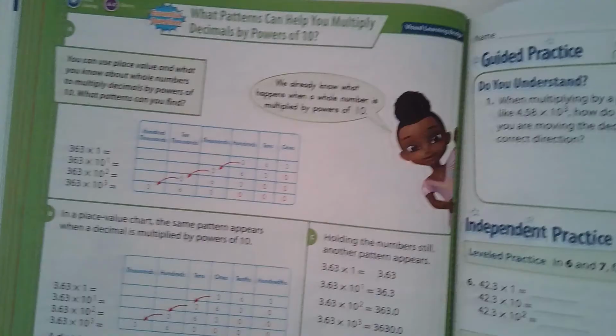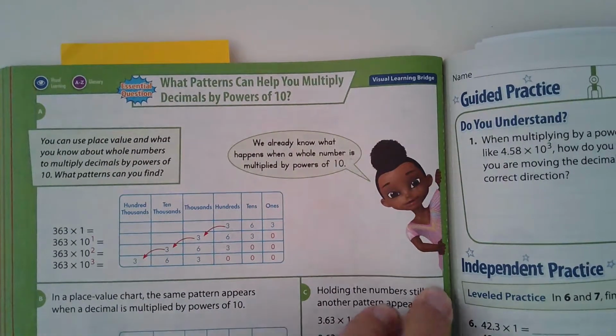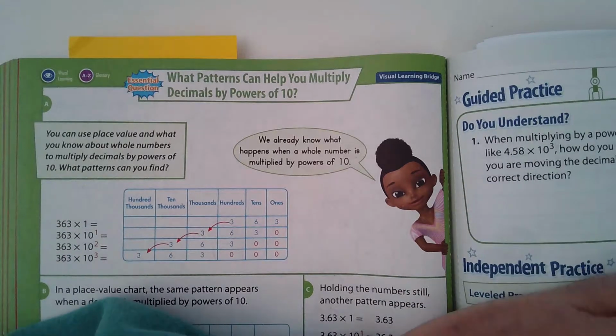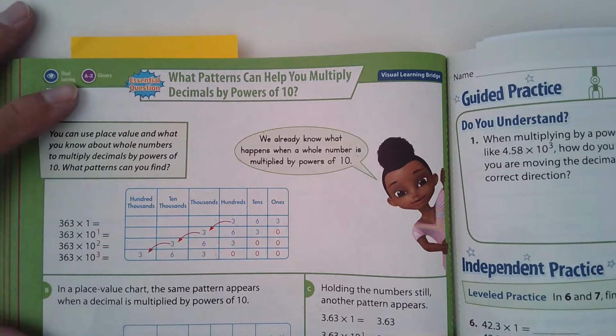Next page. Page 130, it says you can use place value and what you know about whole numbers to multiply decimals by powers of 10. And it says, what patterns can you find?